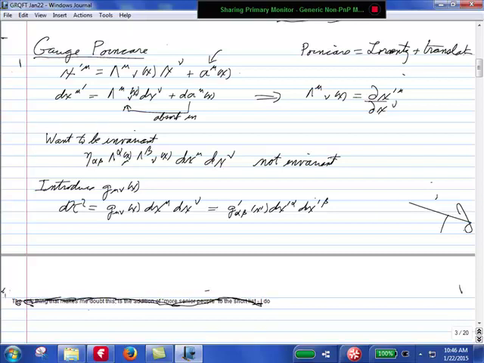This tells me that if I take variations, I vary this: delta G mu rho times G rho sigma plus G mu rho delta G rho sigma. That variation is equal to 0 because the variation of the Kronecker delta is 0.